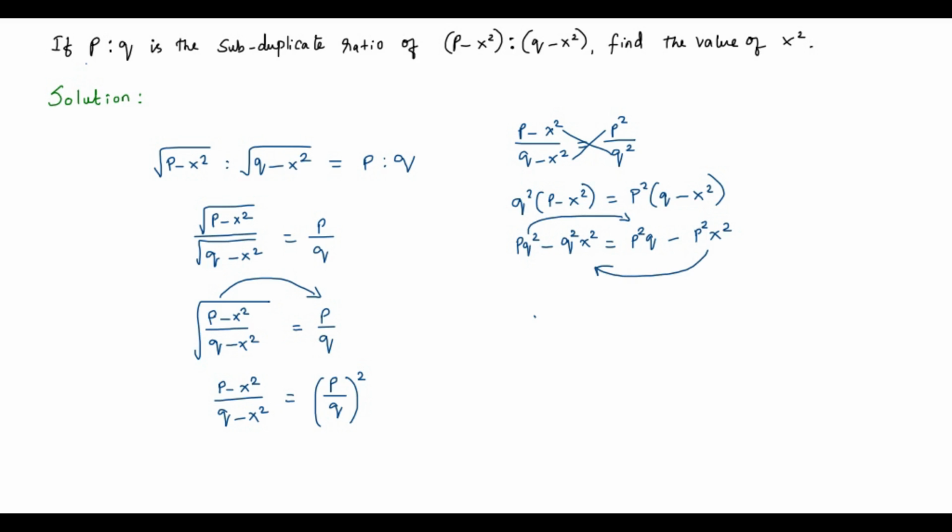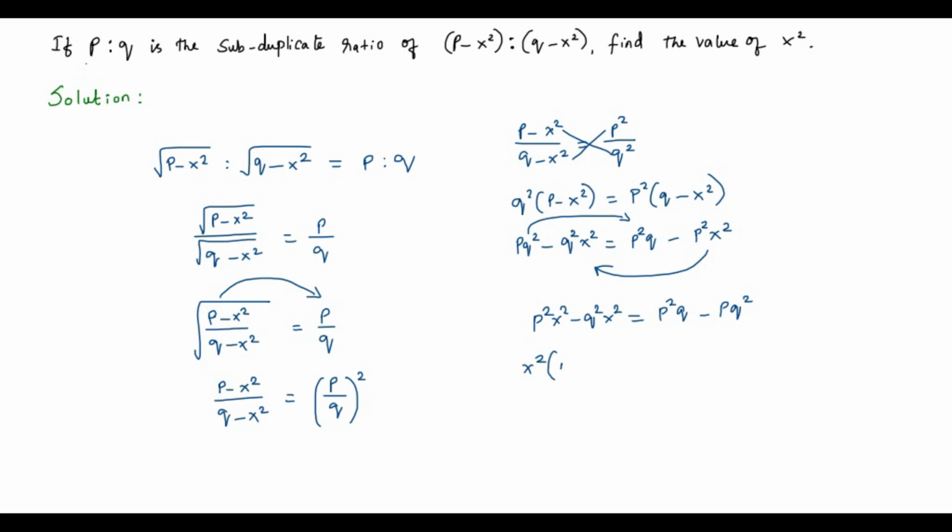So we will get P square x square minus Q square x square here. On the other side we will have P square Q, it's already there. When this PQ square goes to the right side, it will become minus PQ square. So in these two terms we find x square in common, so we can factor out x square.